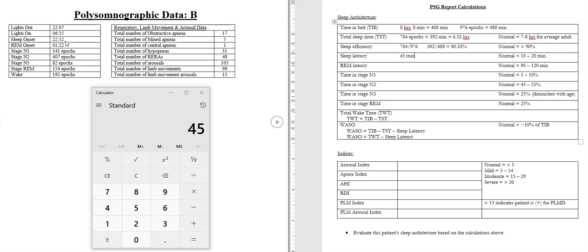So 10:52 to 11:52 to 12:52. So 12:52, then to get to 1:22 is another 22 plus another 30 minutes. So that's 2.5 hours. So 2 hours is 120 minutes plus 30.